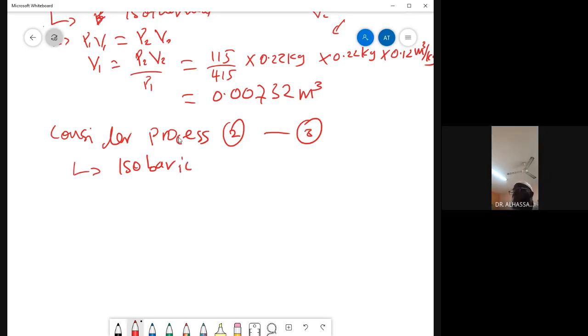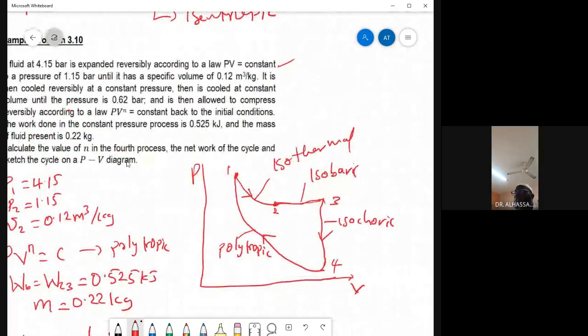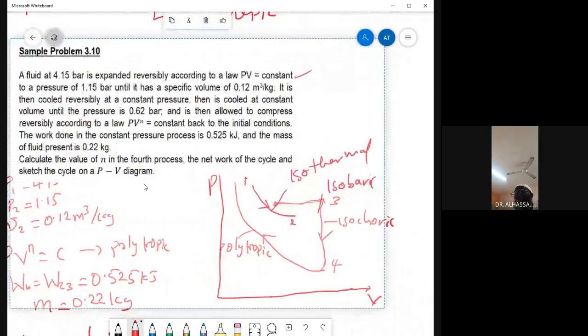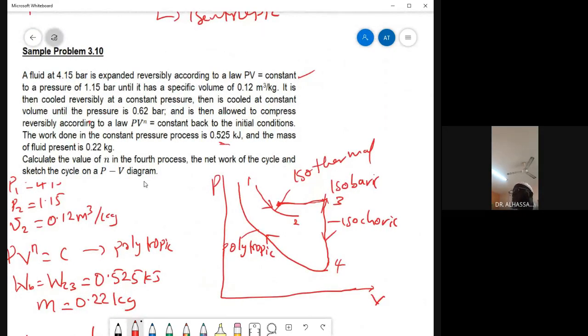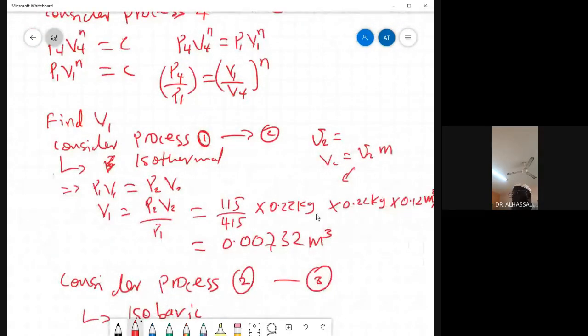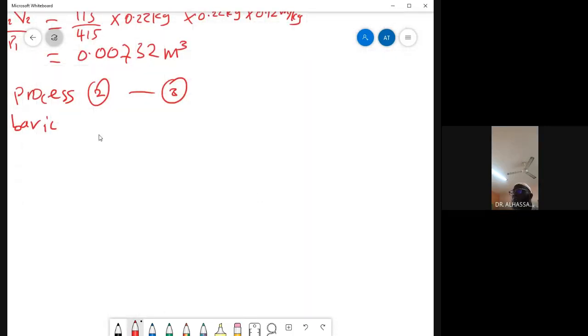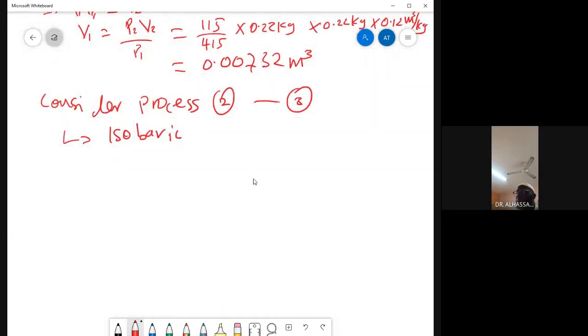Isobaric is a constant pressure process. So the boundary work for the constant pressure process was given in the question. We are told the boundary work is 0.525 kilojoules. So we can take advantage of this and calculate the unknown parameter.